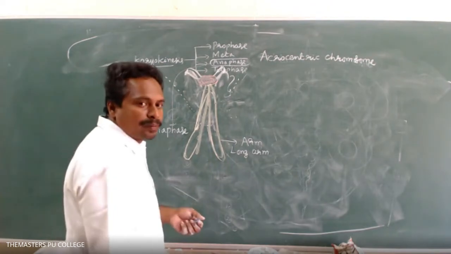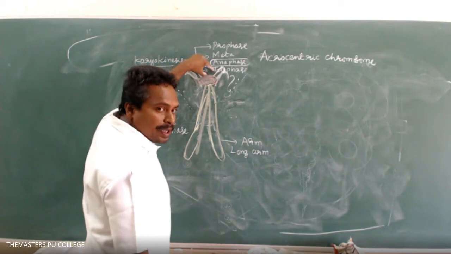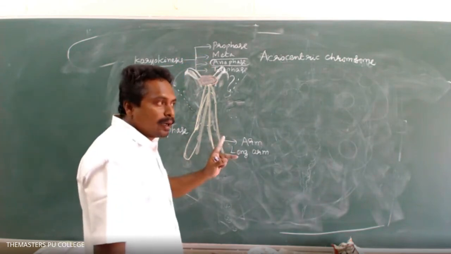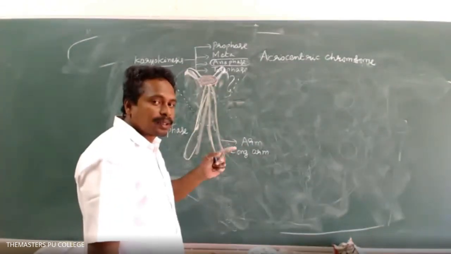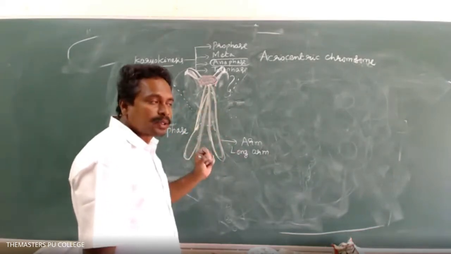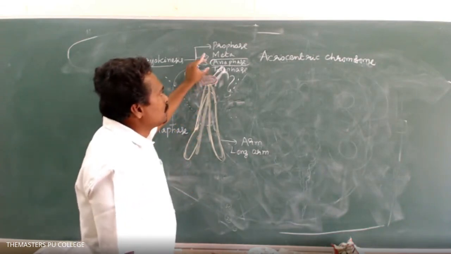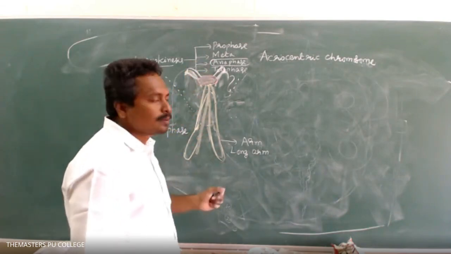Unequal arms are present in submetacentric and acrocentric chromosomes also.